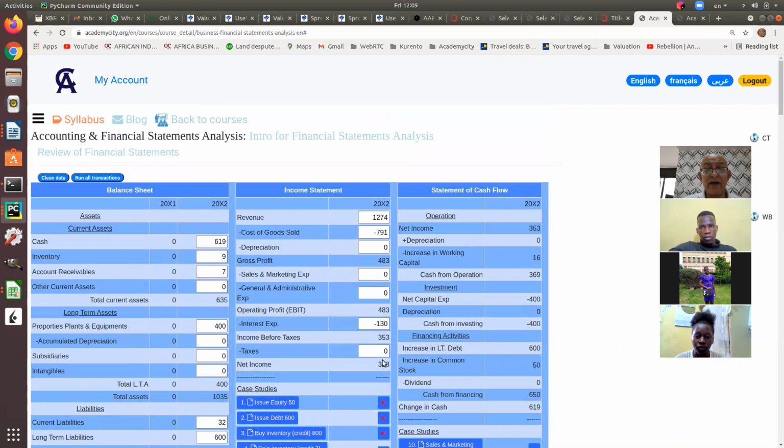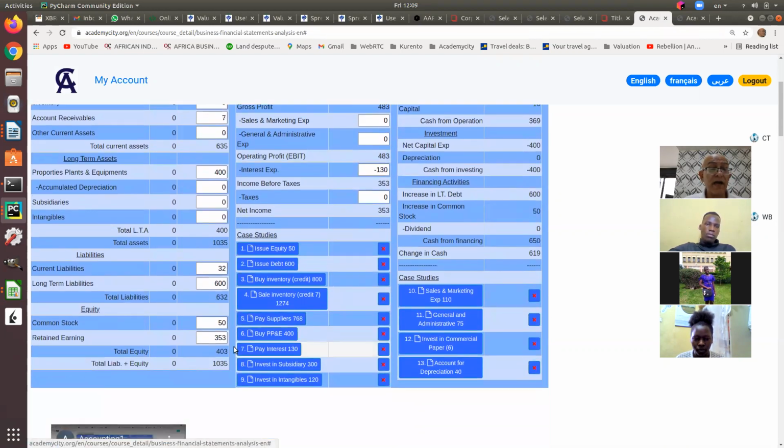In another word, my cash goes down by the 130 and my profit goes down. Therefore, the identity remains. Total assets, 1035, equal the equity plus liability, 1035. That's what we did so far.